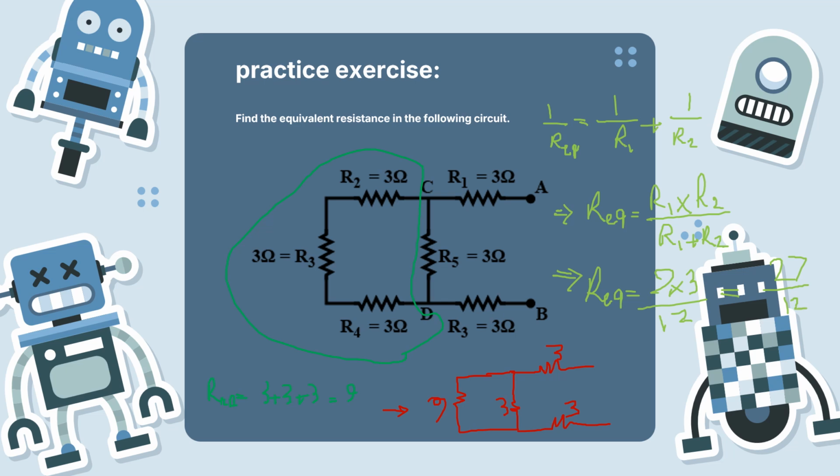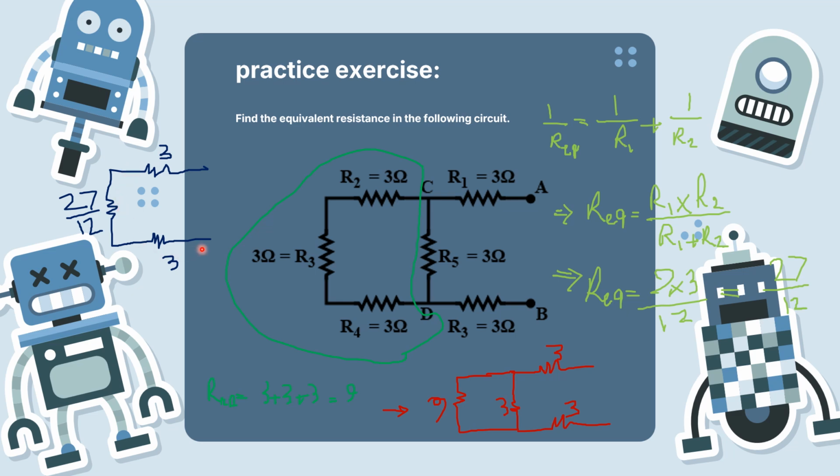So our circuit looks like this now. 3 ohm, 3 ohm, and 27 over 12. So this 3 ohm is this one, this 3 ohm is this one, and the equivalent of these 2 resistors is 27 divided by 12.